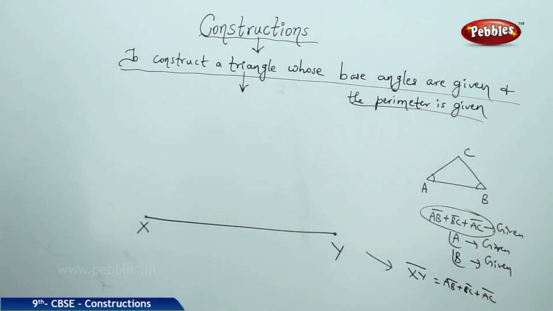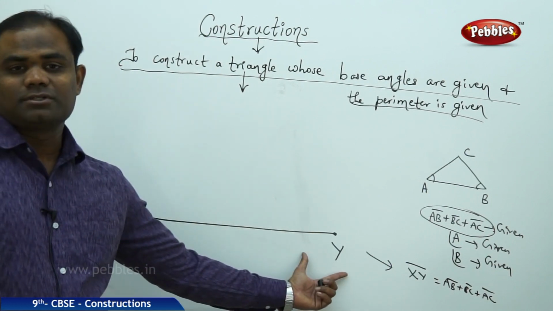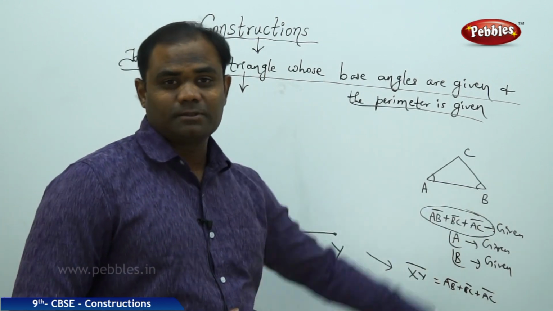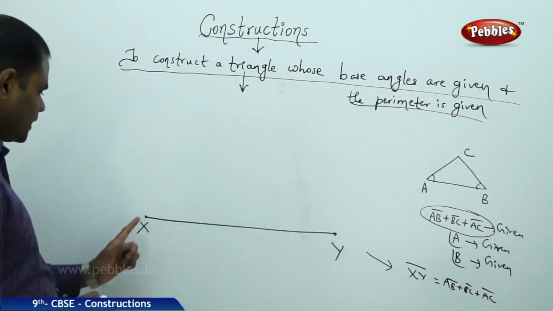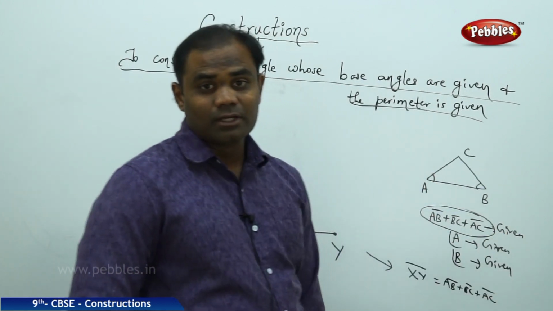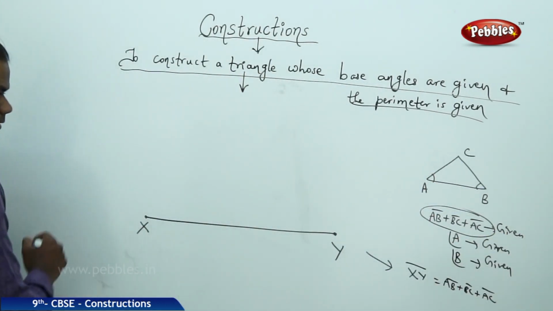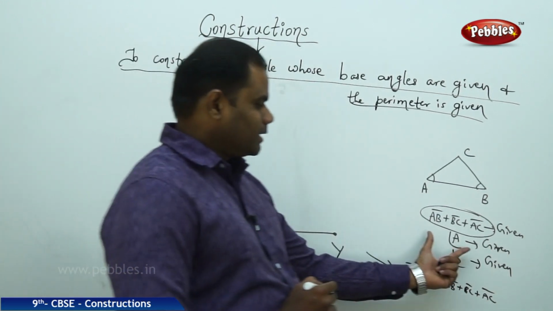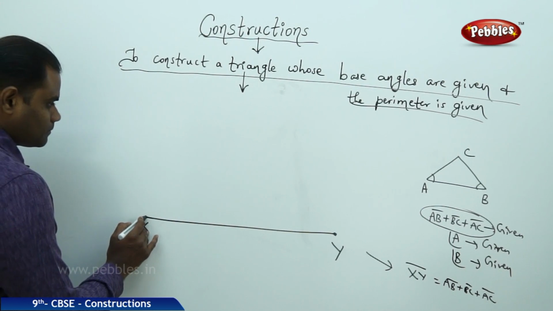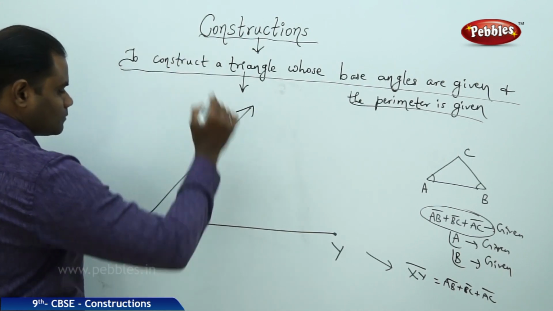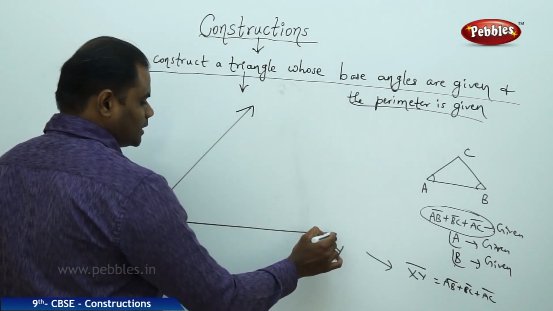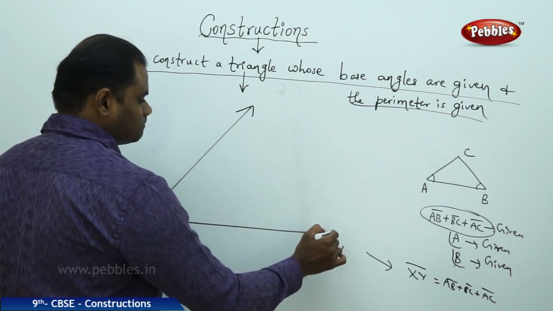So I draw a line segment base XY, which is nothing but the perimeter of the required triangle ABC. Now from X and Y, I draw the base angles A and B, which are given. My base angle A value is drawn as an angle here, and my base angle B is drawn from Y.